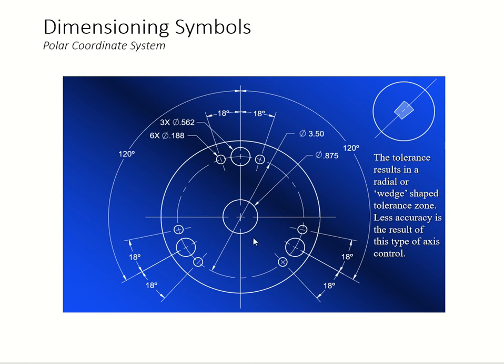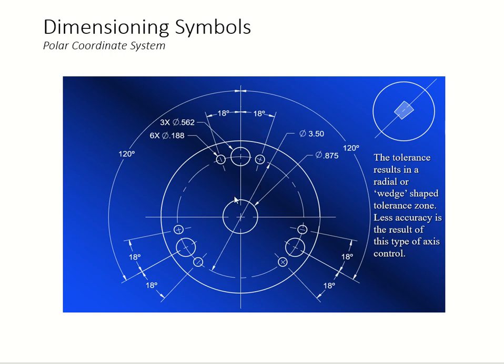Here, accuracy-wise, this type of wedge shape is not very accurate. It's just showing you the same example here. If you have a wedge shape tolerance zone, then it's not that accurate.